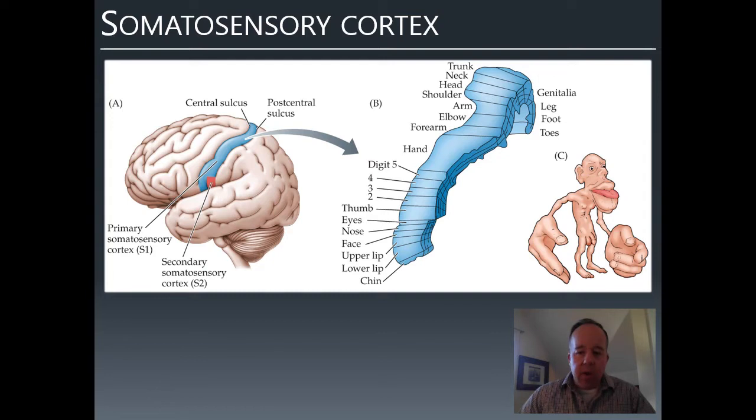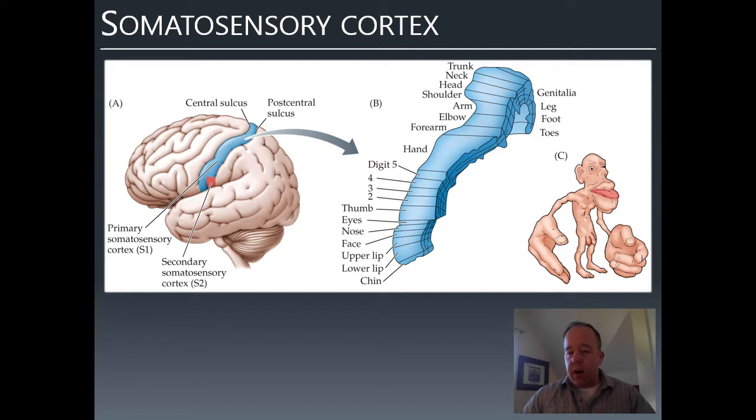On the far right, we have this interesting looking little person called a homunculus. And you'll notice that the proportions are a bit off. This does not look like a typical person does. The person has very large hands, very large lips, and tongue. And so this is what a person would look like if the size of their body parts corresponded to the representation on this gyrus.